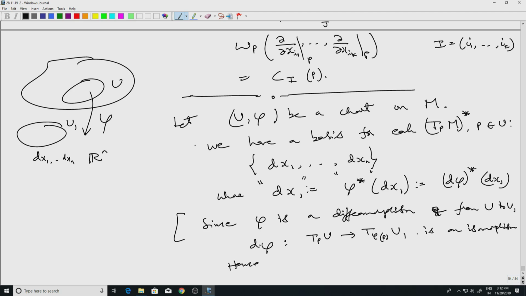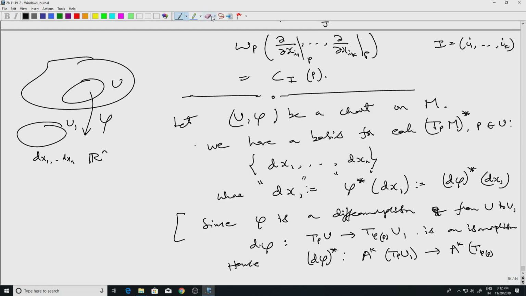Hence, whenever we have an isomorphism of vector spaces, the pullback maps induce isomorphisms between corresponding spaces of multilinear forms. So d phi upper star is an A^k T_phi(p) U1 to A^k T_p U.